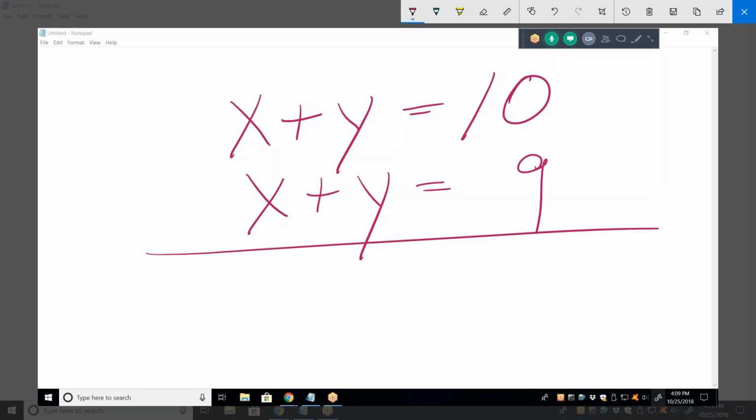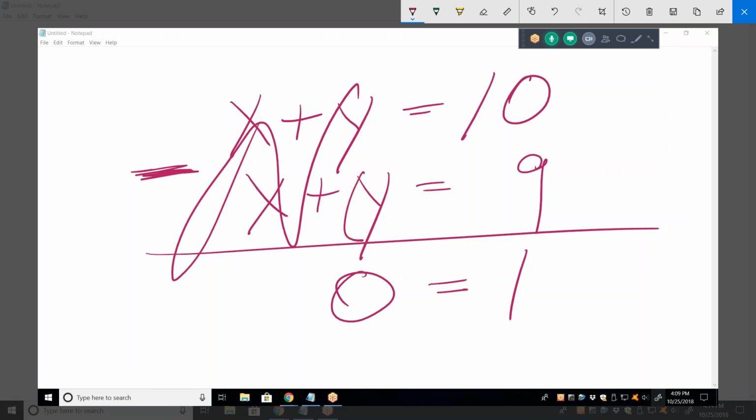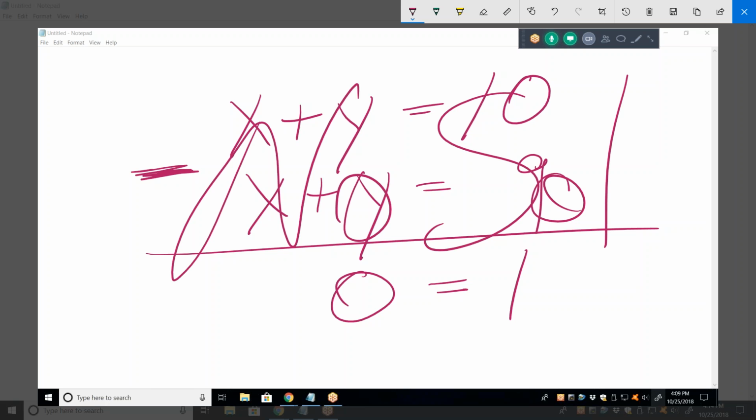Well, it's impossible to figure out what x and y are going to be because the answer is no solution. If I subtract those two equations, I get 0 on the left side, I get 1 on the right. Whenever you get one number equals a different number, that tells you you do not have a system of equations that will produce a solution. So there's no solution.